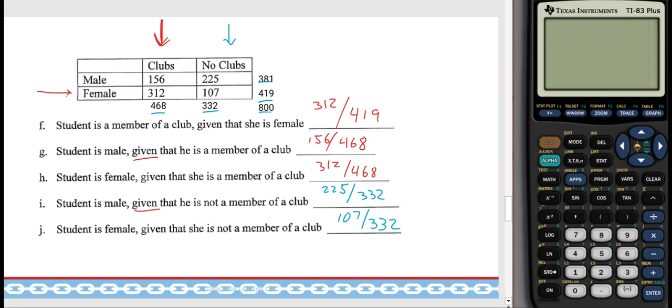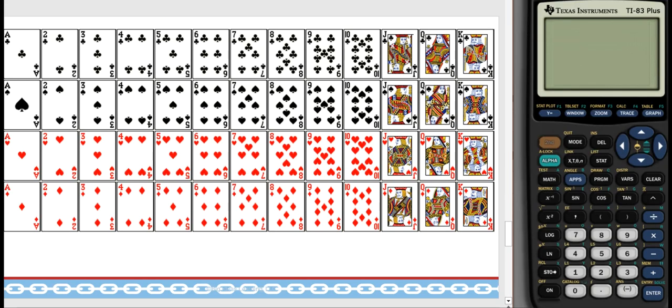Our last example looks at decks of cards, right? So we have ace through king in each of the four suits, two colors, blacks and reds. These are the face cards down here, obviously with the faces on them.